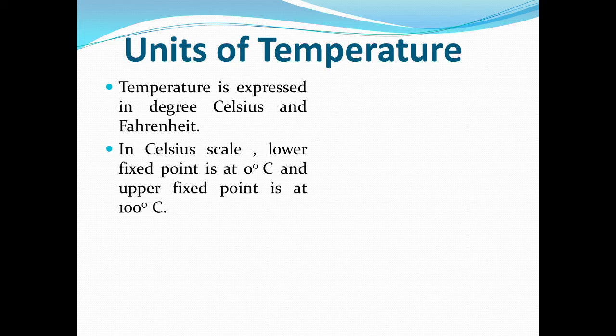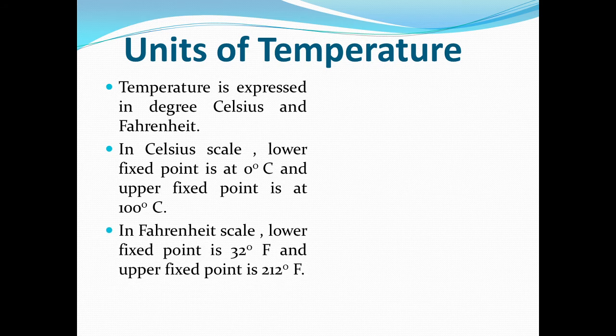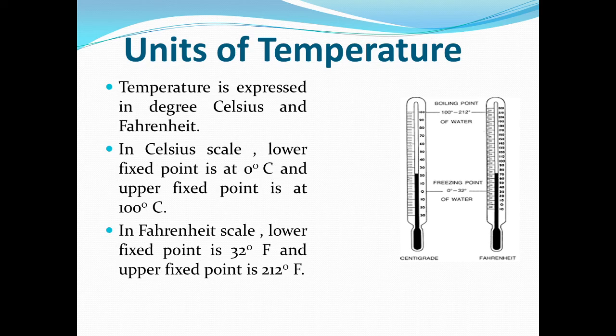The space between these two points is divided into 100 units. Each unit is referred to as 1 degree Celsius. Similarly, in the Fahrenheit scale, the lower fixed point is 32 degrees Fahrenheit and the upper fixed point is 212 degrees Fahrenheit. So, there are two units, that is degree Celsius and degree Fahrenheit.